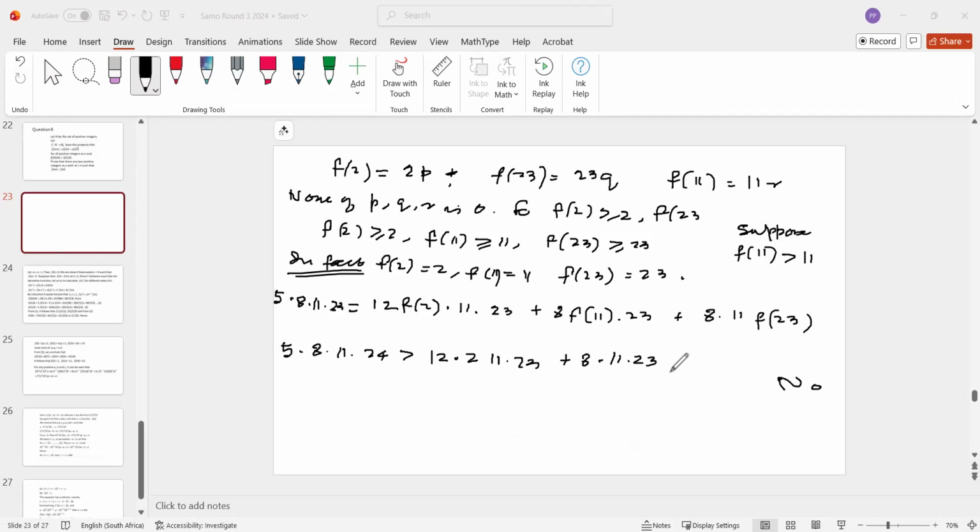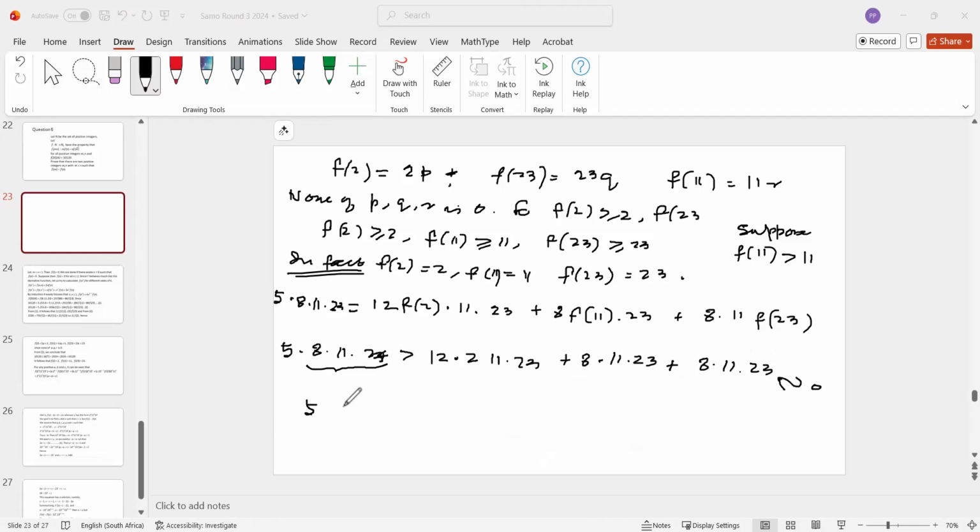And then here, f of 23 is greater or equal to 23. So I've got, this is greater than, because one of them is greater and the other ones are greater or equal to. Okay, so this is what you've got here now. This is 23. Now, you'll notice that 8 times 11 times 23 is a common factor right throughout. Let me divide by 8 times 11 times 23 in both cases.